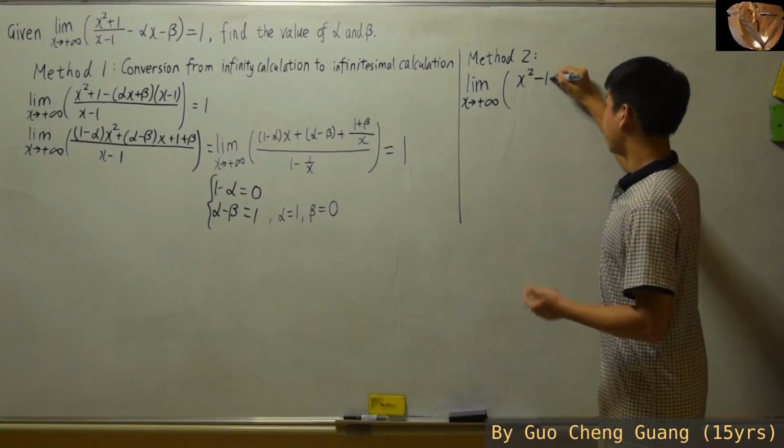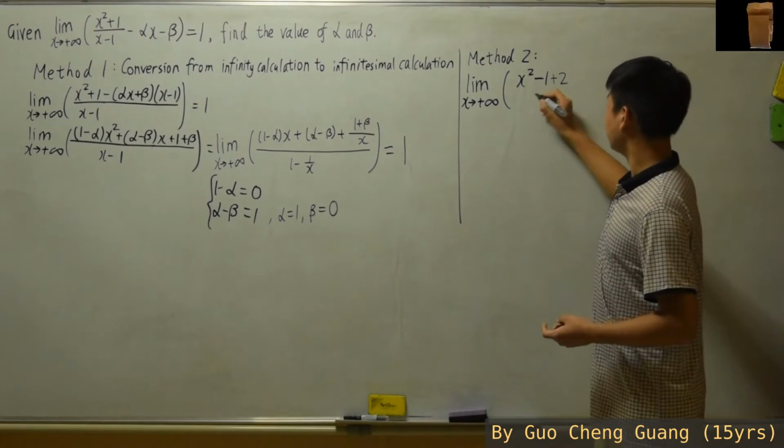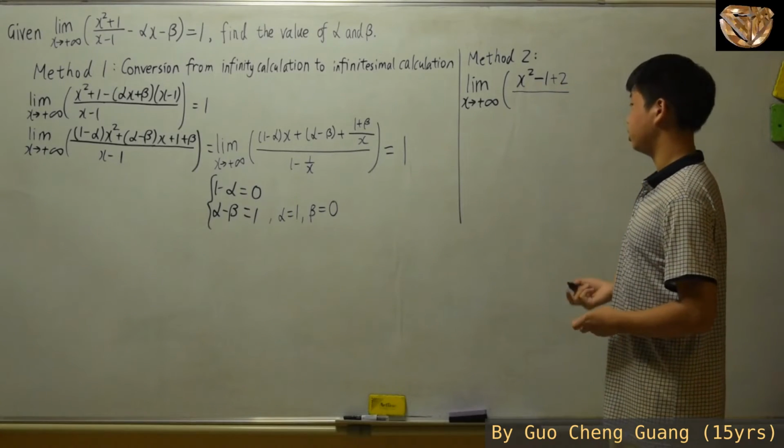Then since you make it minus 1, you need plus 2 behind in order to make it the original one.